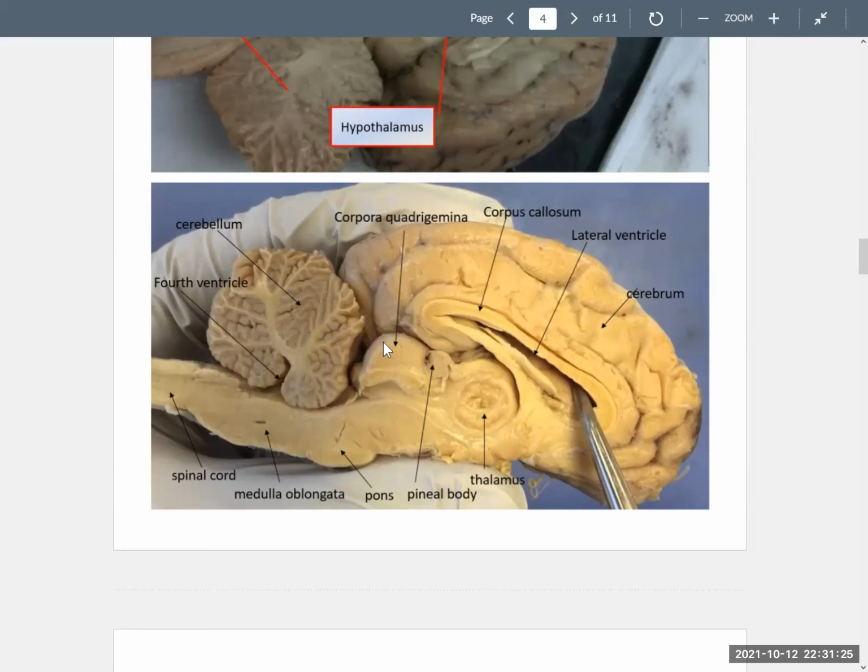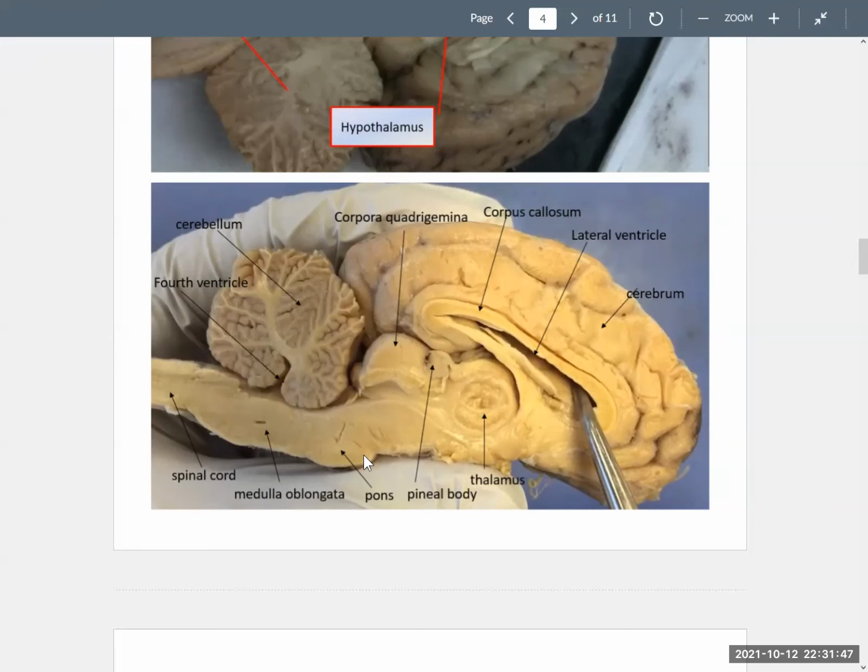The next is the corpora quadrigeminus. This is spelled correctly. Here's the thalamus that looks like a little scallop. The hypothalamus is not labeled, it's right here.